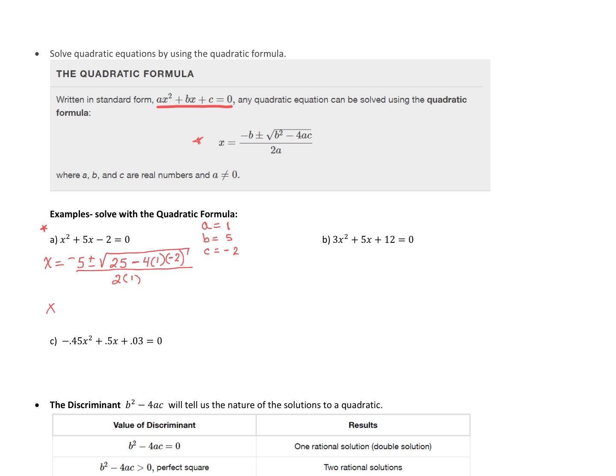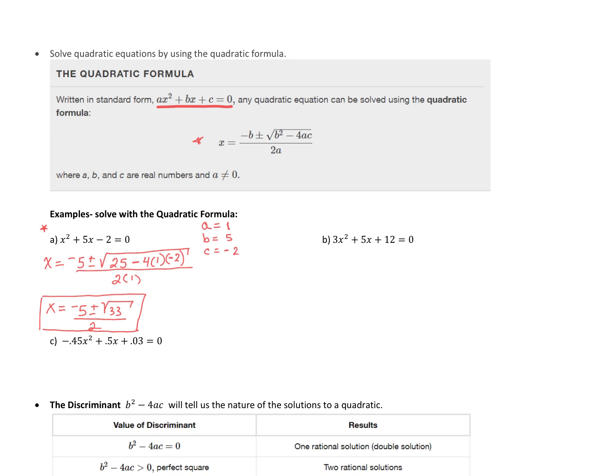If we simplify, we get negative 5 plus or minus the square root of 33 all over 2. And since 33 is 11 times 3, it can't be simplified, and those are our two answers.